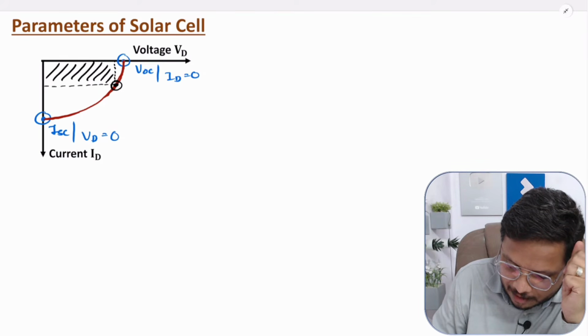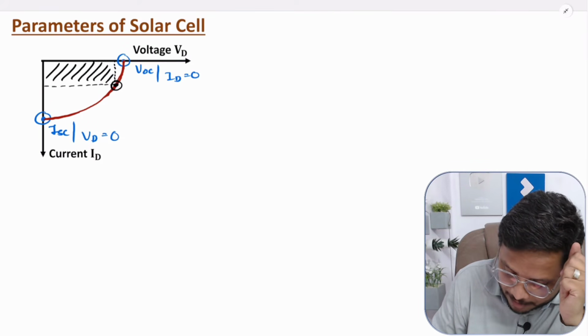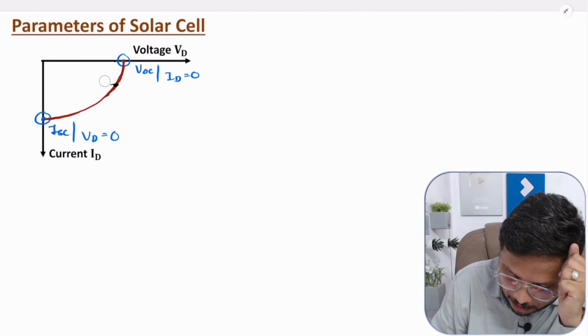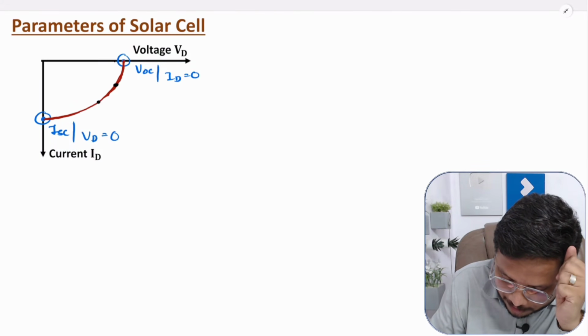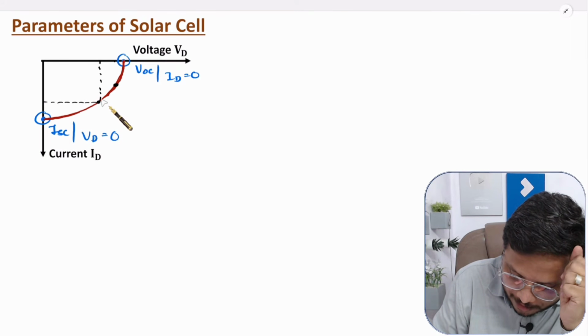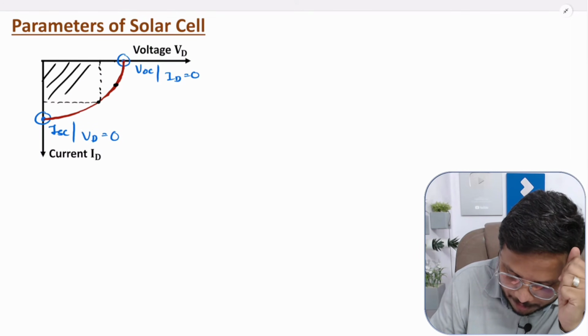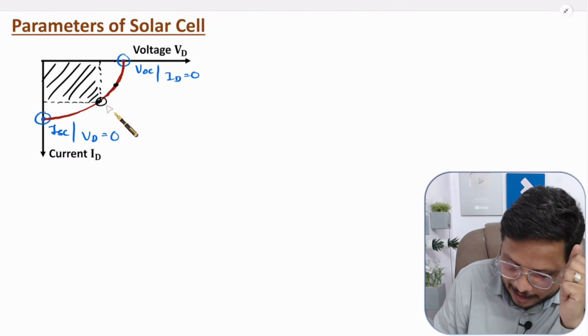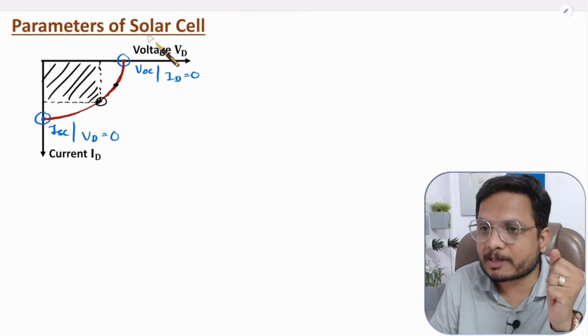Now obviously, the maximum area will be somewhere over here, where you have maximum area, right? That explains that this is the point at which maximum power is generated by the solar cell.